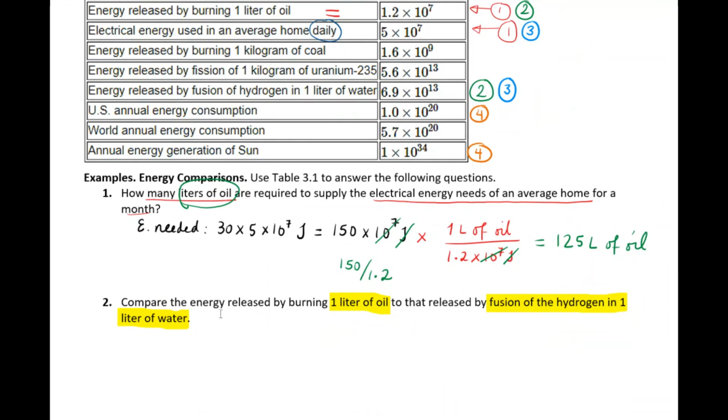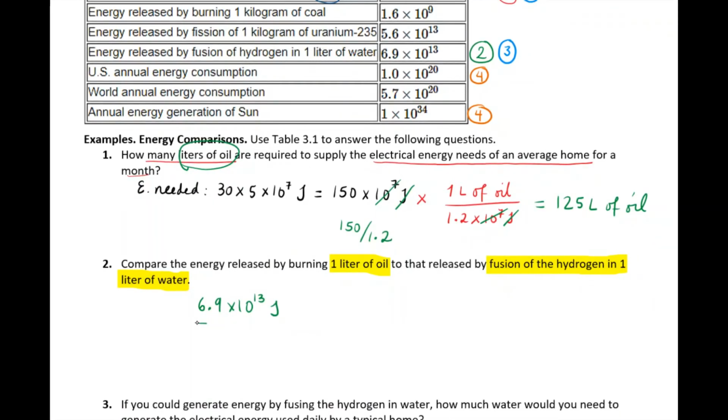And by fusion, 1 liter of water is given to be 6.9 times 10 to the 13. So let's compare them. I have 6.9 times 10 to the 13 joules, divided by 1.2 times 10 to the 7 joules. The first one is the energy released by the fusion, and this one is the energy released by 1 liter of oil.